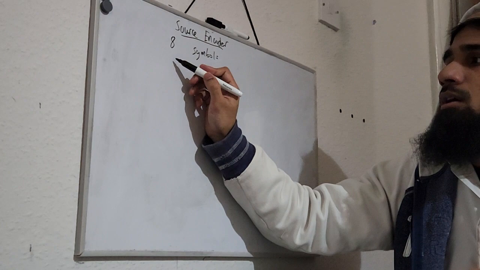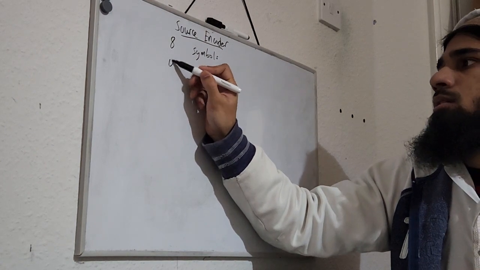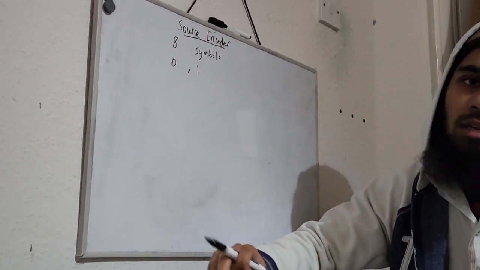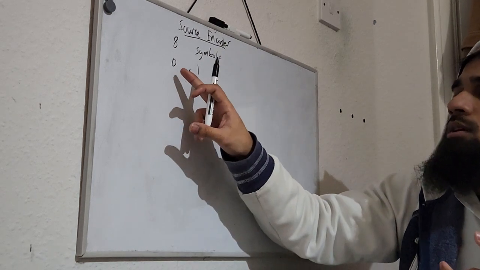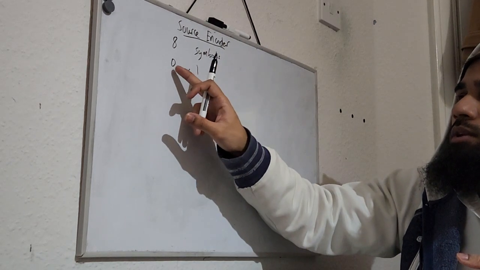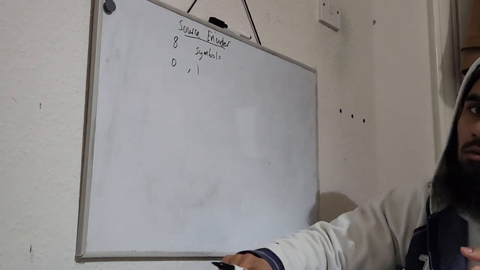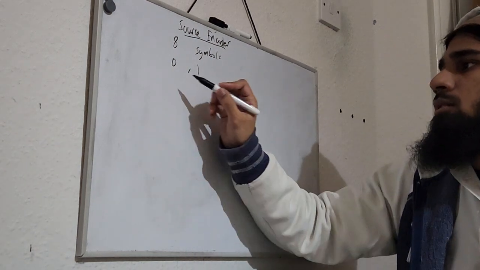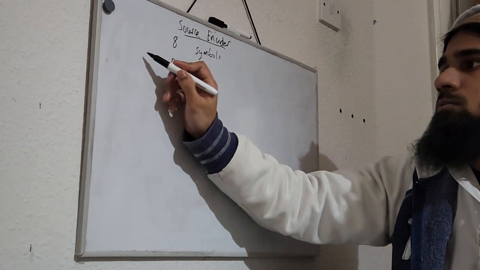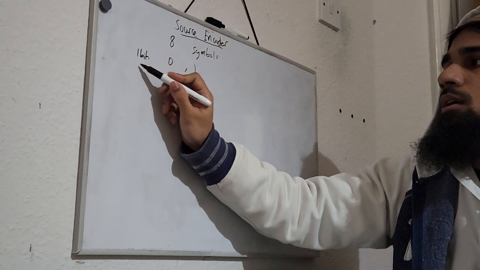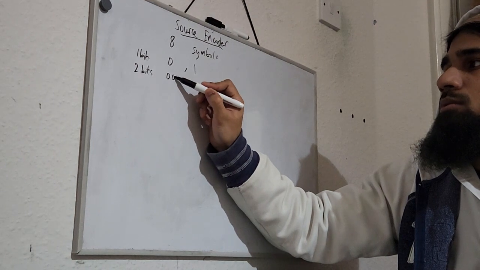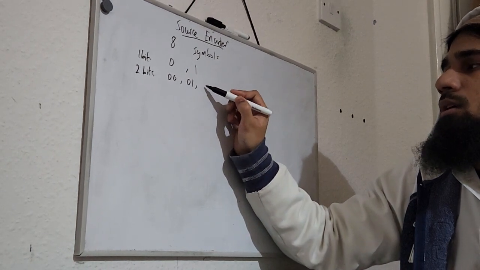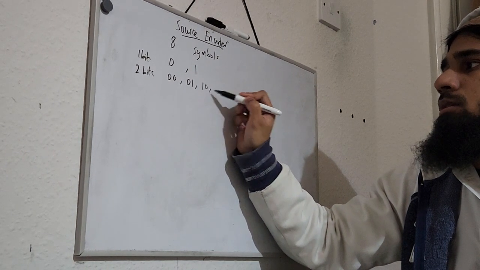Would you use 1 bit, so like a 0 bit or a 1 bit? How much information can you store in that? You can only store 2. So 0, let's say that's 1 symbol, and 1 is another symbol. You can have more bits, so this is 1 bit. You can have 2 bits, so you have 00, 01, 10 and then 11.